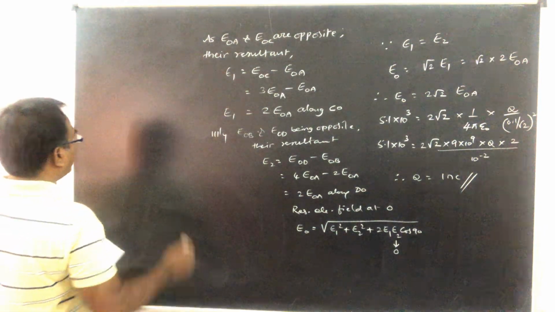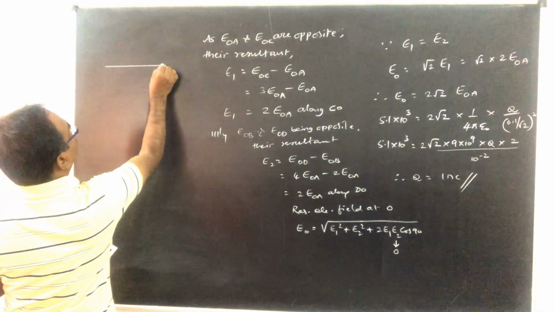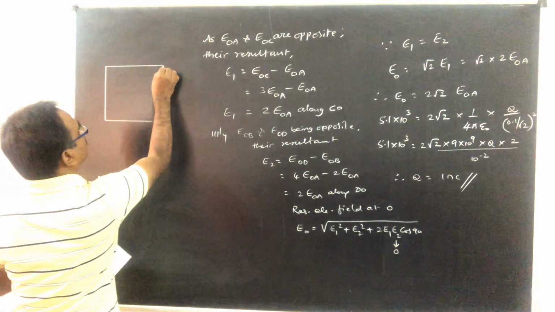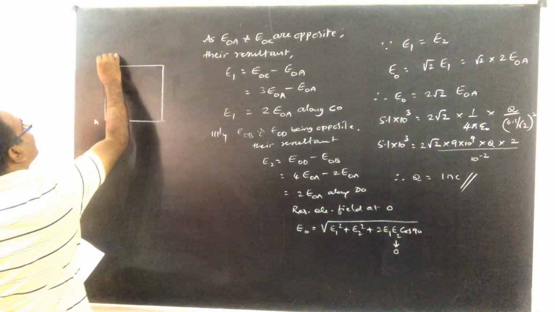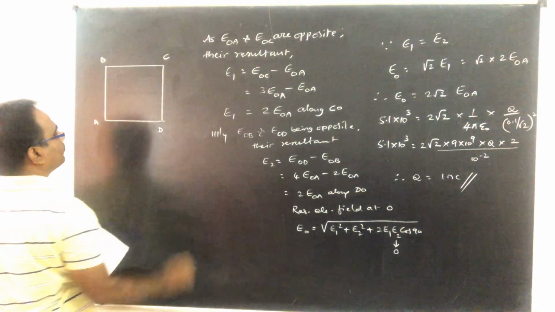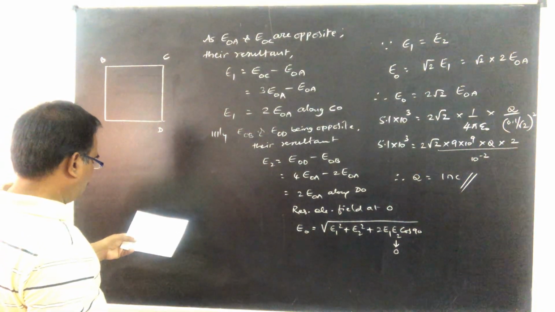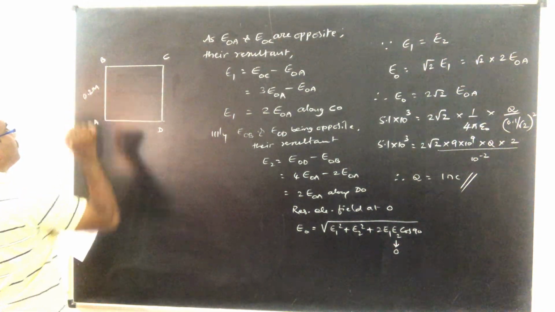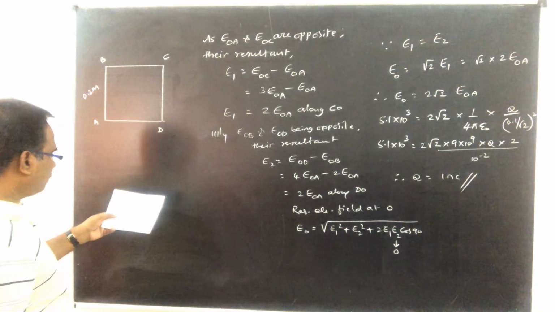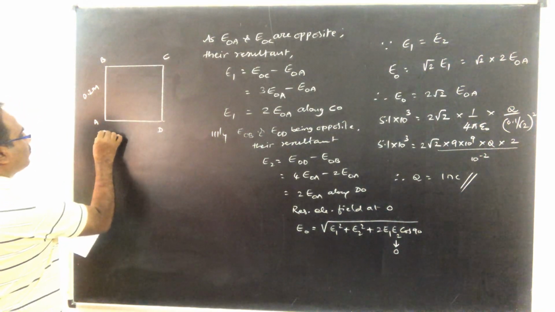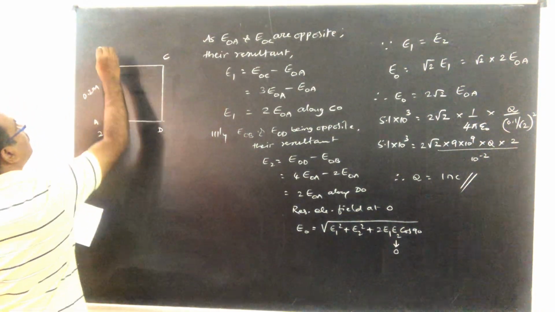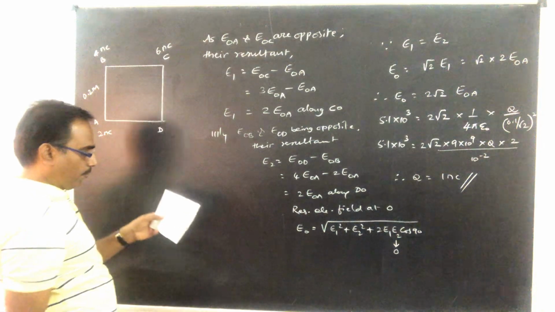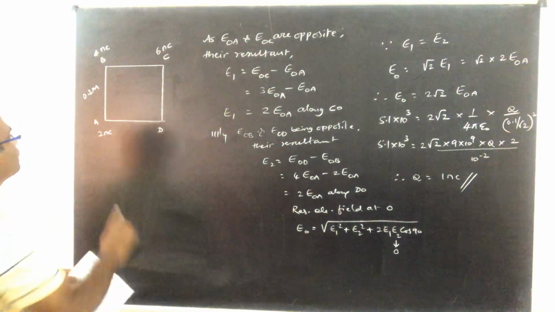So in this problem there is a square ABCD. The square is of side 0.2 meter and the charges of 2 nanocoulomb, 4 nanocoulomb, 6 nanocoulomb are placed at corners A, B and C respectively.